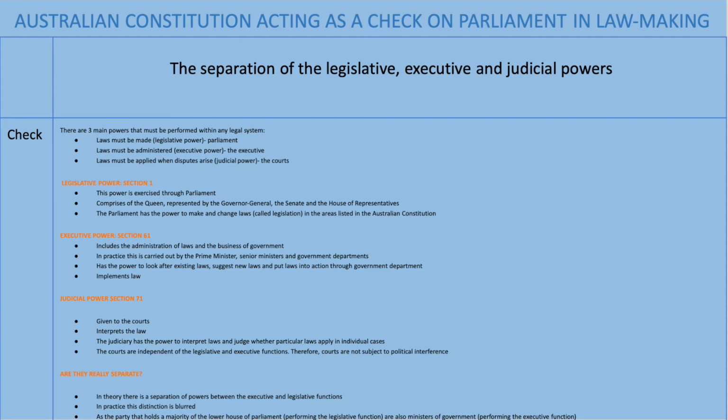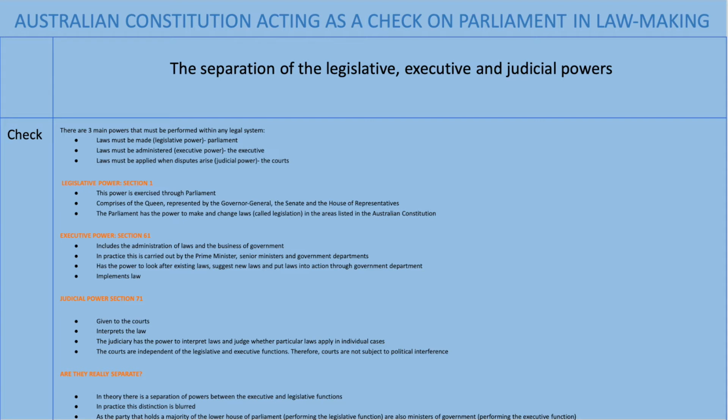The question is, are they really separate? In theory, there is a separation of powers between the executive and the legislative functions. In practice, however, this distinction is blurred. This is because the party that holds a majority of the lower house performing the legislative function are also ministers of government performing the executive function.